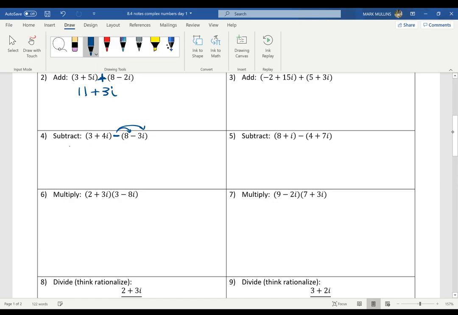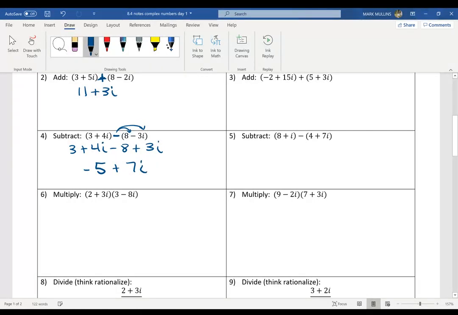So I really have 3 plus 4i minus 8, and then minus negative would be plus 3i. I always want to add the real parts first because we want our imaginary numbers written as real plus imaginary. So 3 and negative 8 would be negative 5, and then 4i plus 3i would be plus 7i.